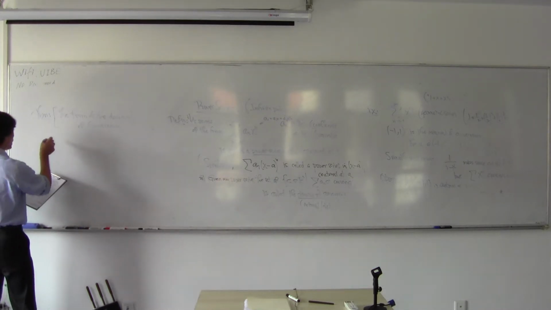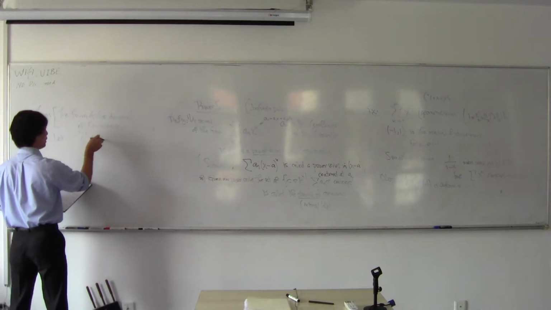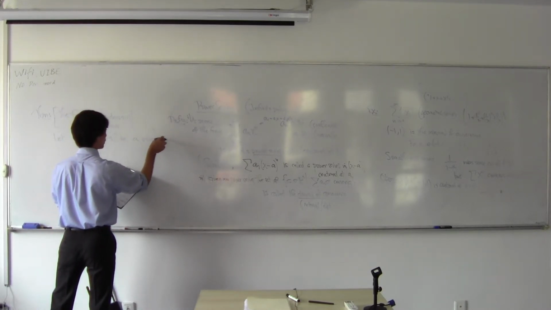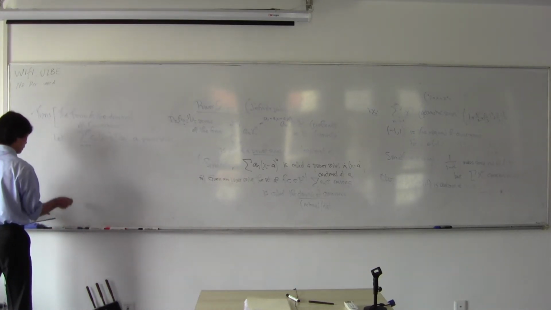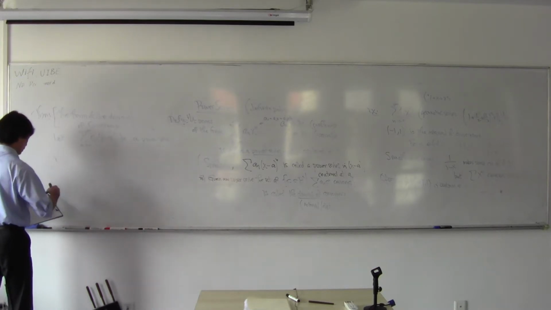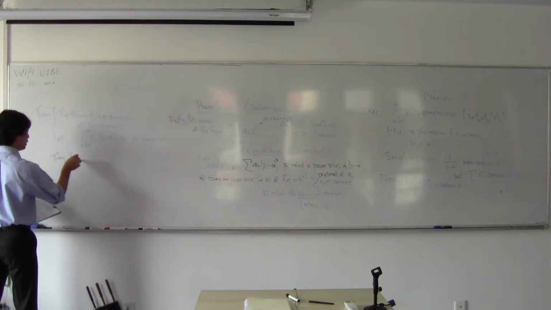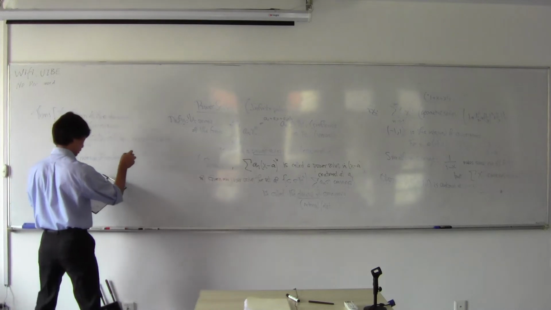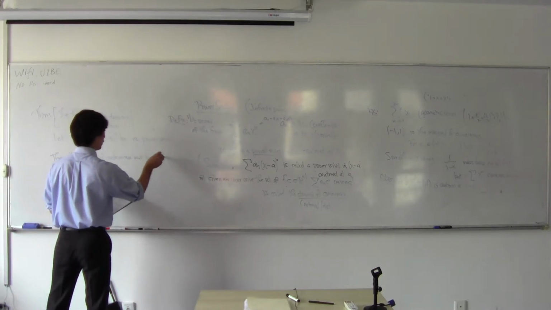Okay. So let the summation of c sub n times (x minus a) to the n be a power series, then its interval of convergence must be of the following form.